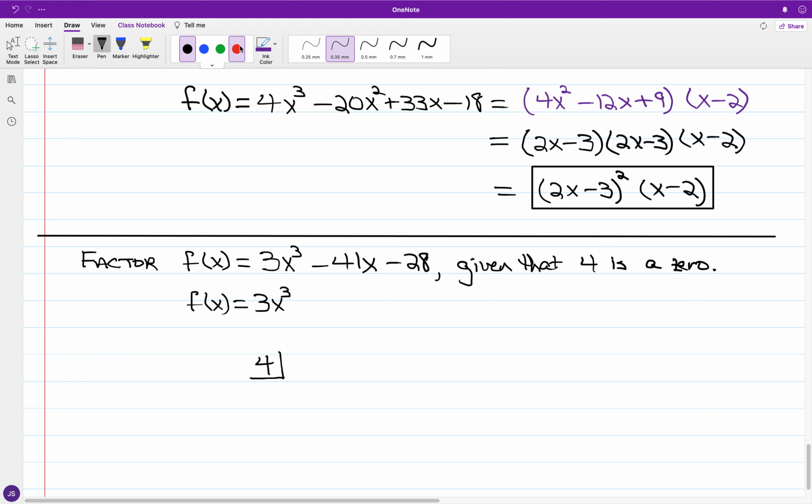Notice we do not have an x squared in place, so we use 0 as a placeholder: plus 0x squared, minus 41x, minus 28. Taking the coefficients, we have 3 for x cubed, 0 for the missing x squared, minus 41 for the x, and negative 28.